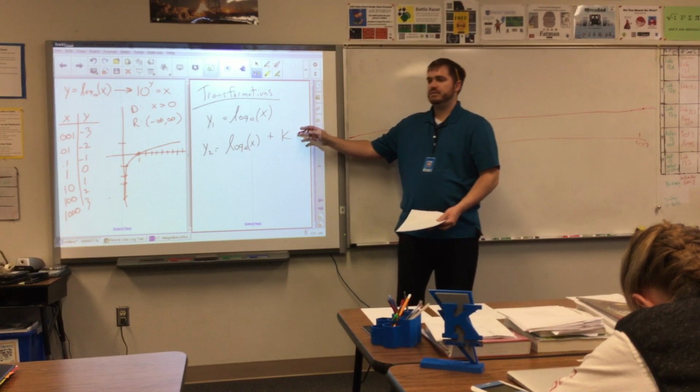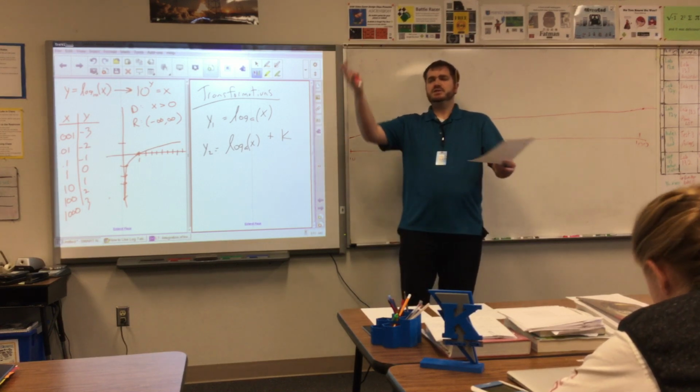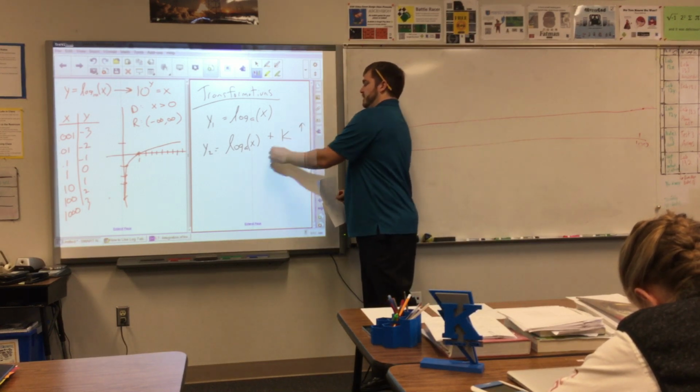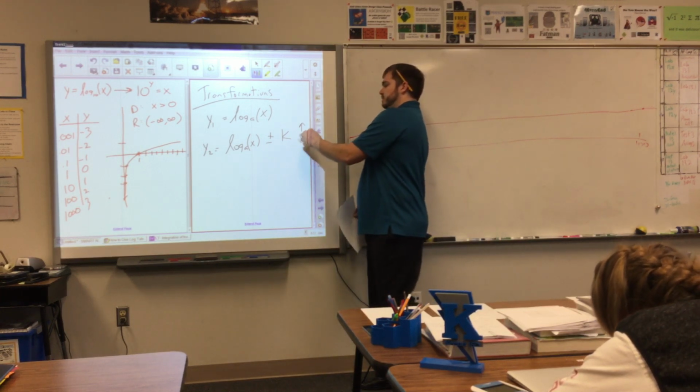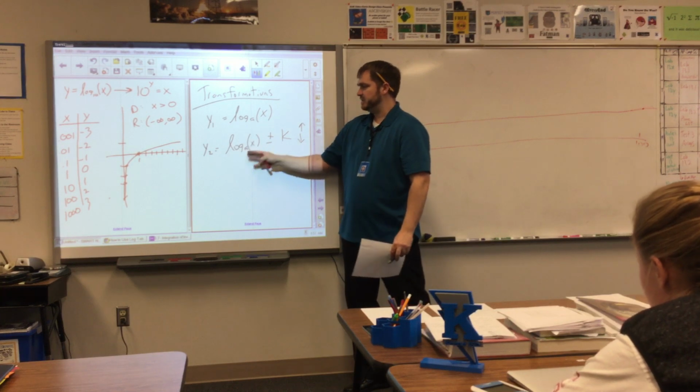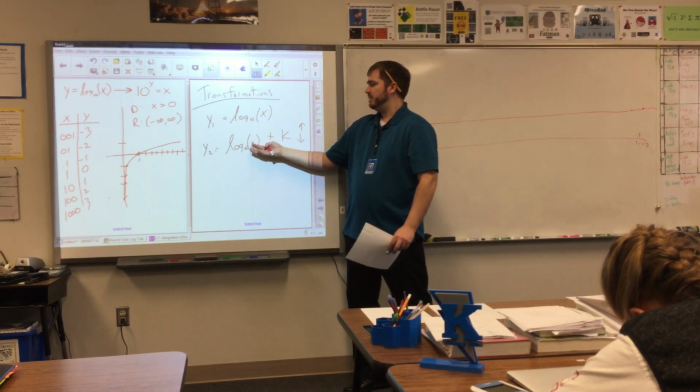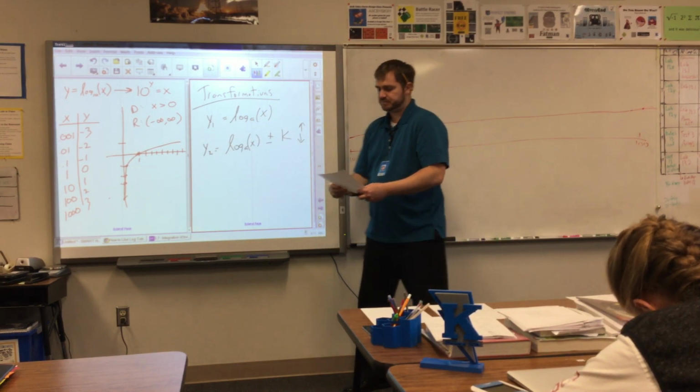What is that plus k going to do to the graph? Shift it up or down. Shift it up, yeah. Minus k, down. We're already evaluating this. We're getting the same values that we had over there, but then we're just pushing them up or pushing them down.